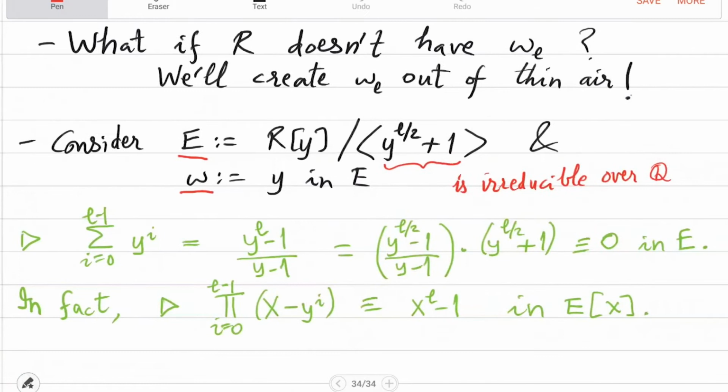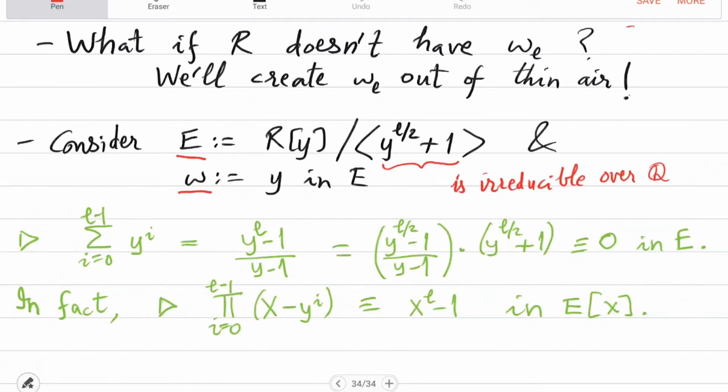So let us now move to the general case, which is a ring R which does not have omega, which will usually be the case. You can take R to be Z, for example. In this case, except for L equal to 2, you don't have any other primitive root of unity.